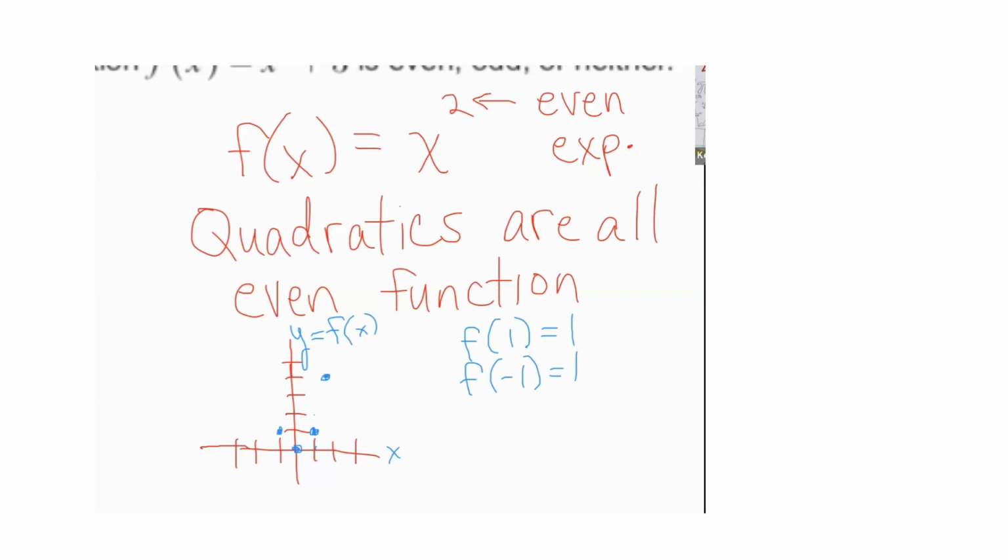And from here up 1, 2, 3 to the left 1. So x is 2 right there, so f of 2 equals 4, and f of negative 2 also equals 4.